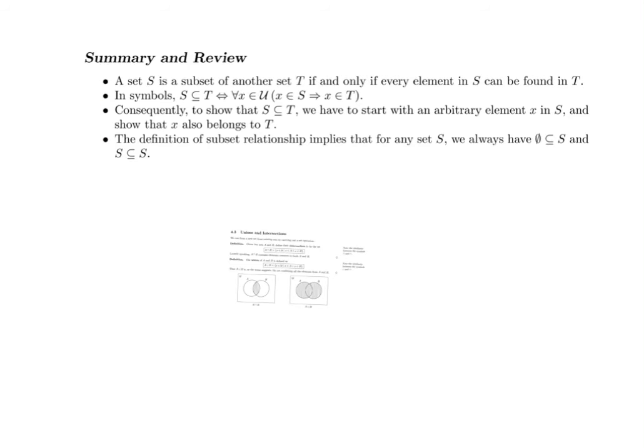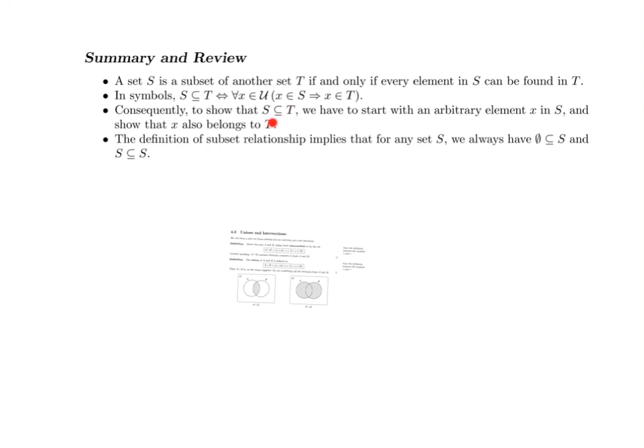These have the definitions that we talked about and these formal symbolic representations of these definitions, and some proof techniques involving starting with an arbitrary element in the set that you are starting with, and then showing somehow, using definitions and using properties that these elements have to have by being in a certain set, that they also have to belong to the next set.